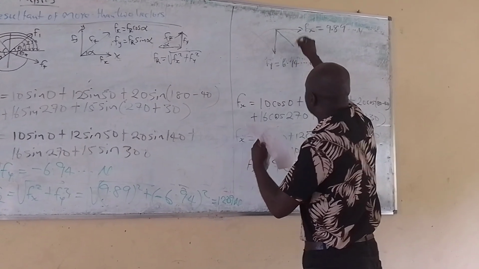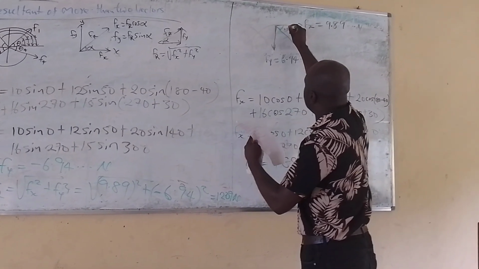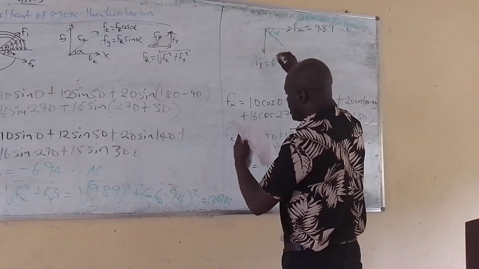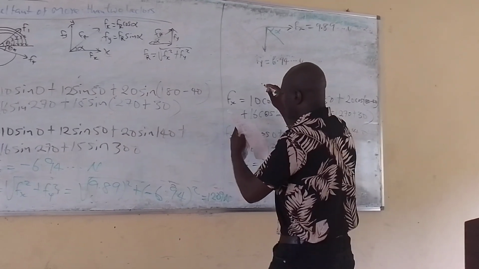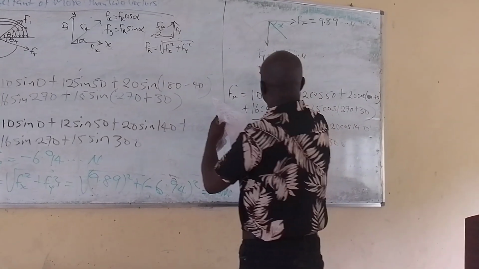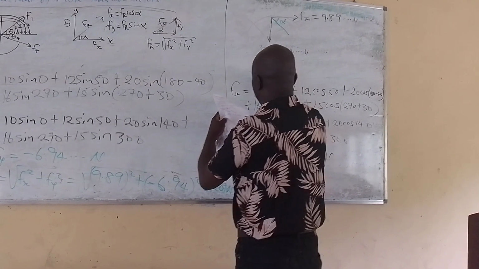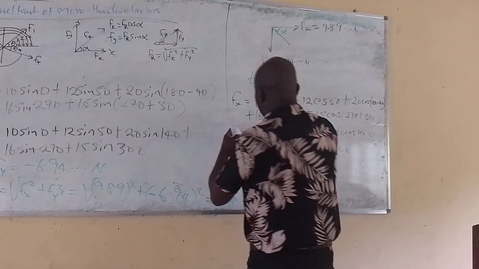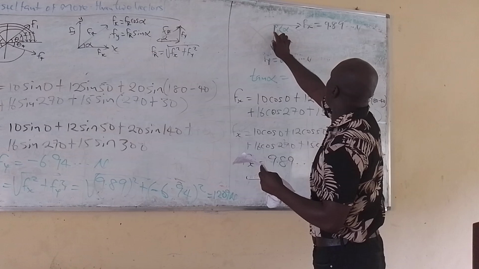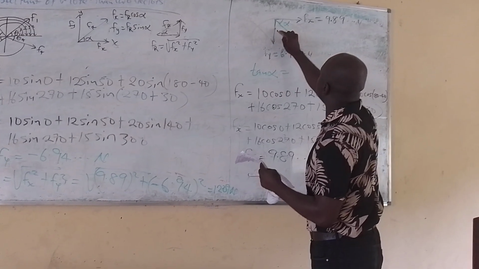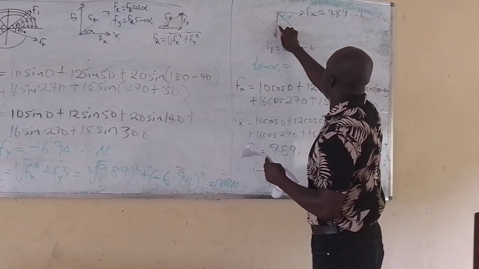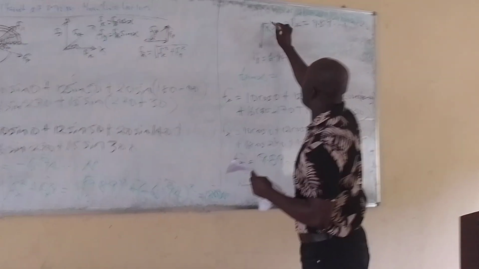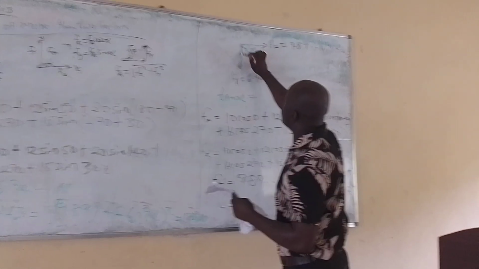So if you have something like this, you can now see that this is the angle. We don't know the angle yet, okay? I will show you how we get the angle. Having noted these two, you have to say tan alpha is equal to, TOA, opposite over adjacent. So we are looking among SOHCAHTOA for the one that will meet these two.